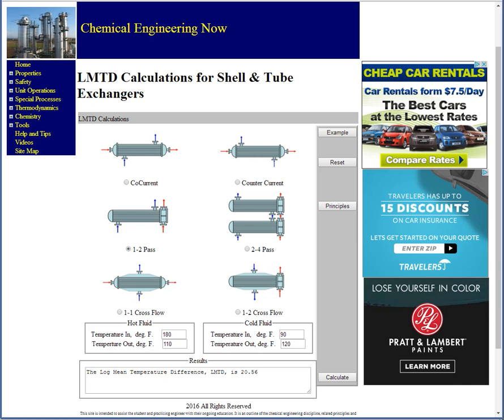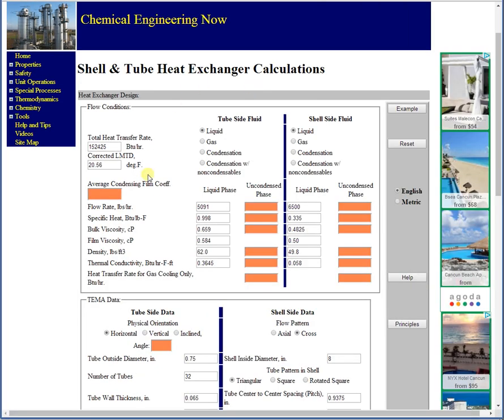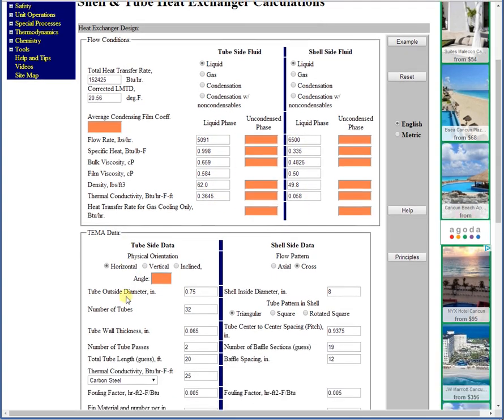So if we jump over and input all of that data into our form, we have the heat transfer rate, we have our LMTD, we have liquid in the tube, liquid in the shell, and all of our shell side process information.